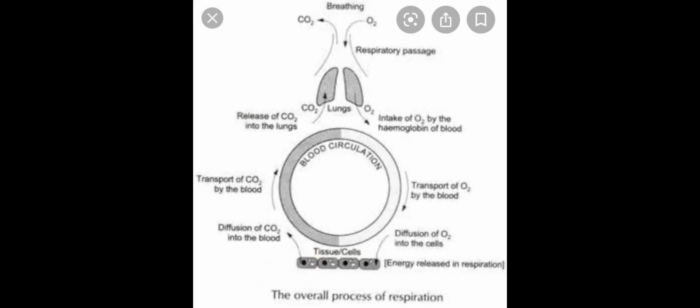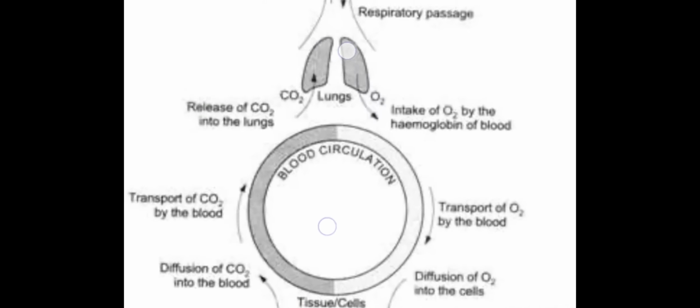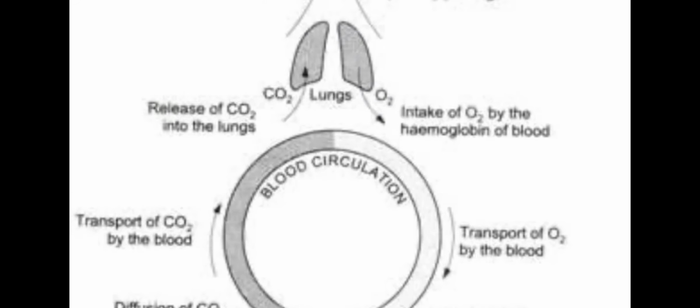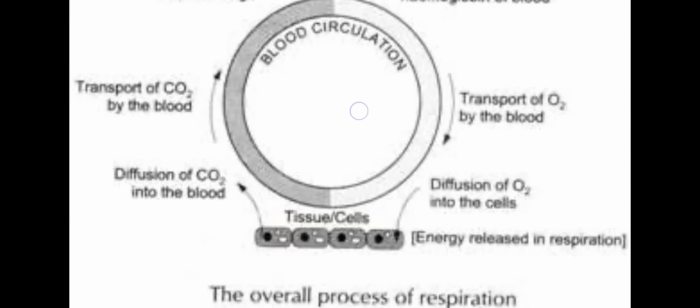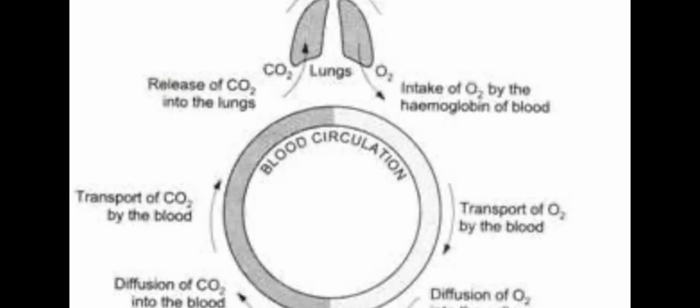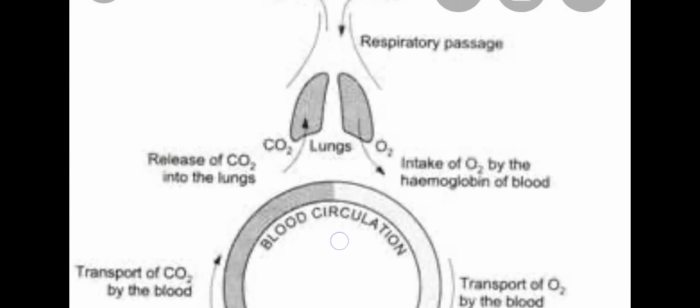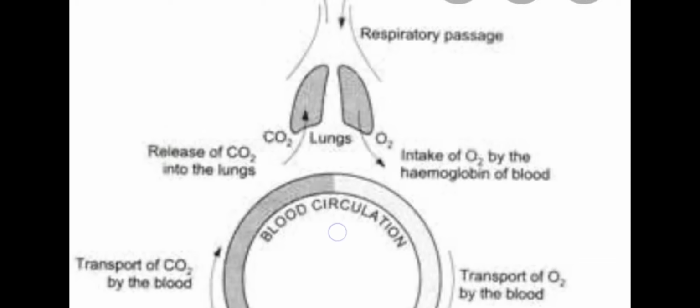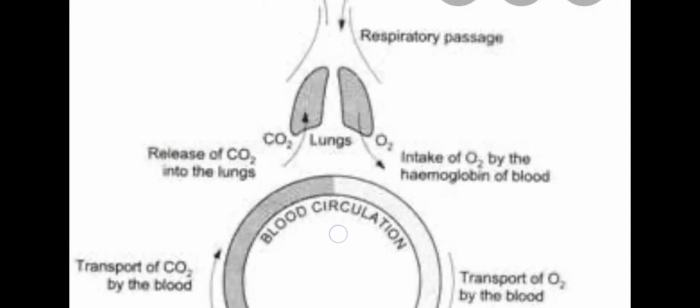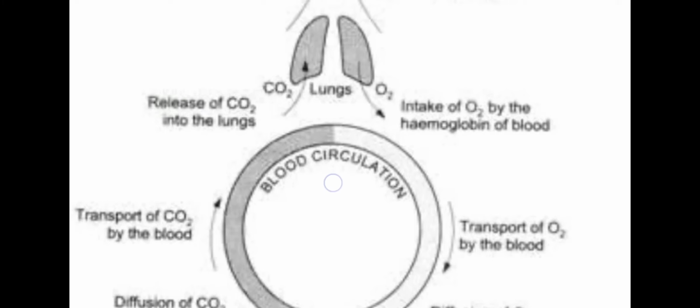Here 3 parts are given: the lungs, the blood capillary and the tissue cell at the base. Now let us see how the process occurs. When you breathe in, the oxygen gets into the lungs, that is alveoli. Now from alveoli the oxygen gets into blood.